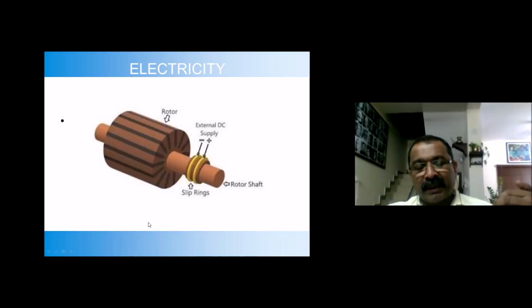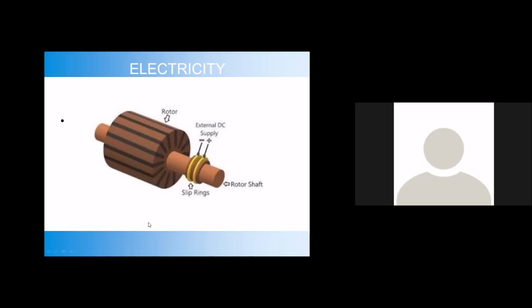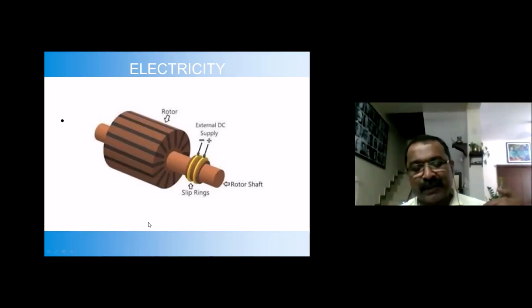Now think about its opposite. We are forcing a current through the conductor, so the rotor has to rotate, isn't it? The rotor has to rotate. That is actually motoring.